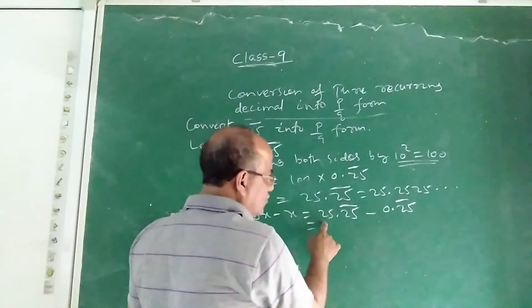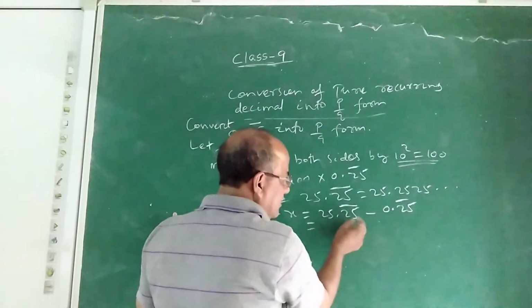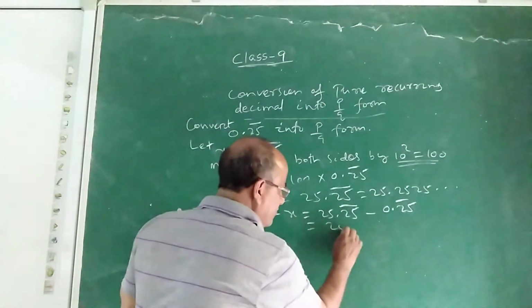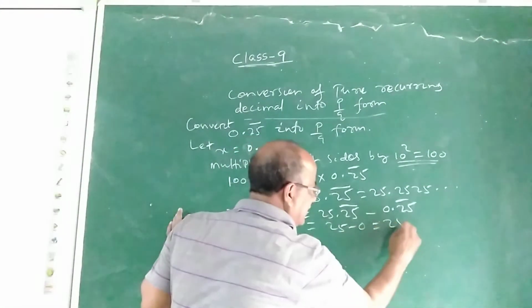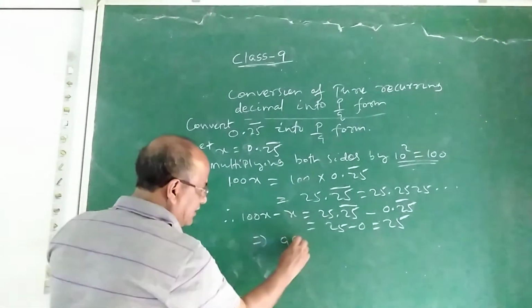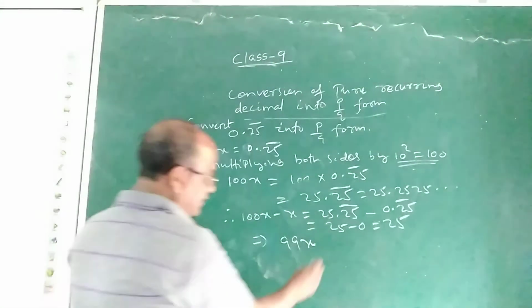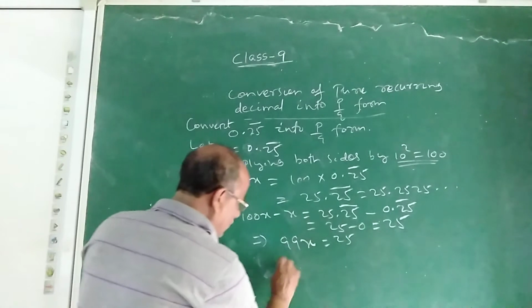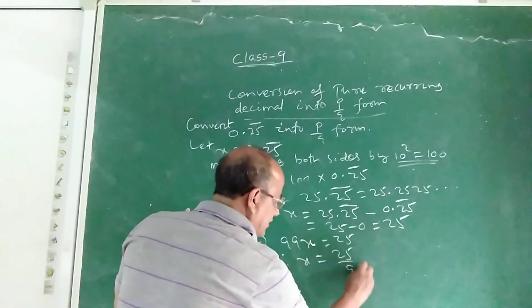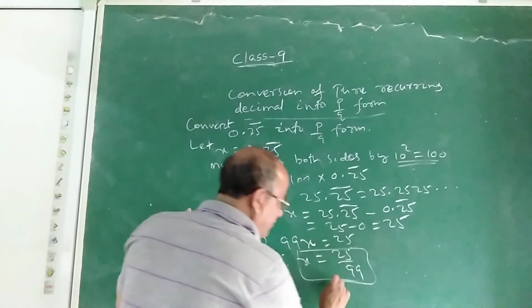The difference will be 25 minus 0, since this part and this part will be cancelled. So it is 25 minus 0, that is 25. And 100x minus x is how much? It is 99x equal to 25. Therefore, what will be the value of x? It will be 25 by 99. You see, x is 25 by 99.